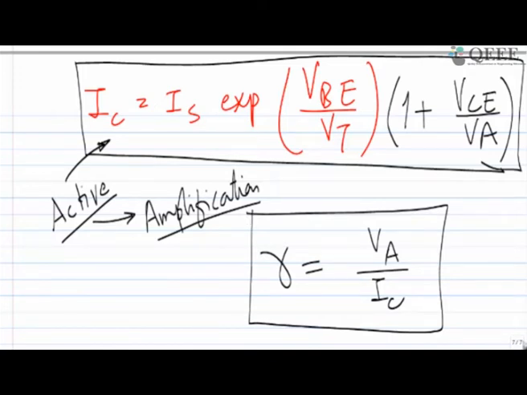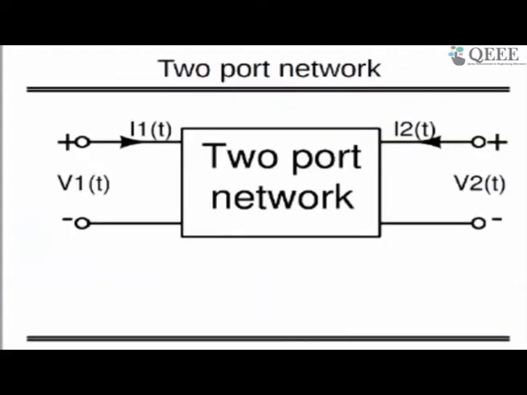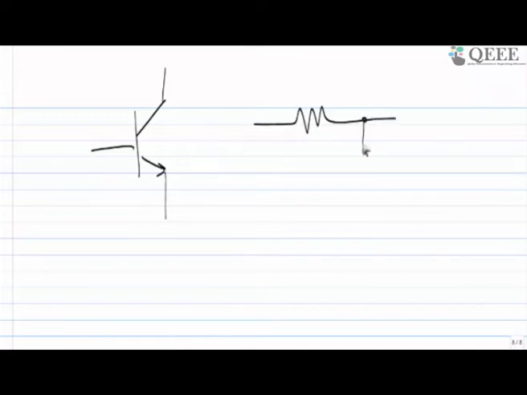Okay, so now let's go to the next part where I want to design my small signal model. My ultimate goal is my BJT. I don't like this BJT because its three terminals are confusing. I studied resistor, capacitor, we have studied inductor, and we are comfortable with those.